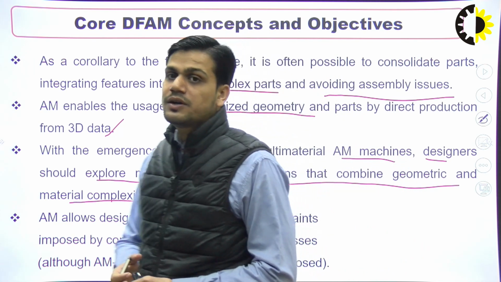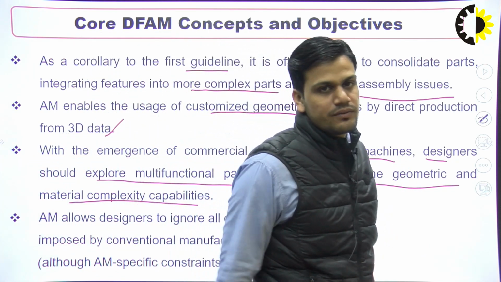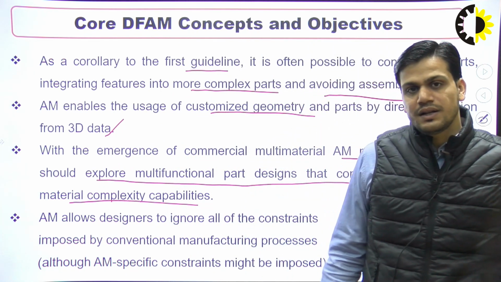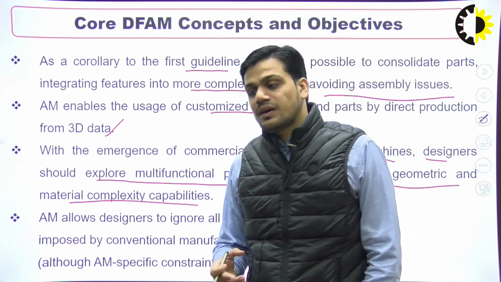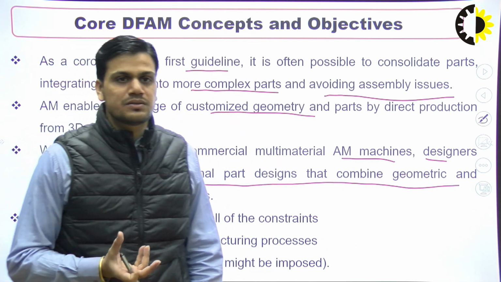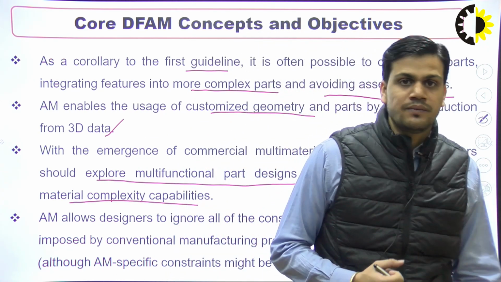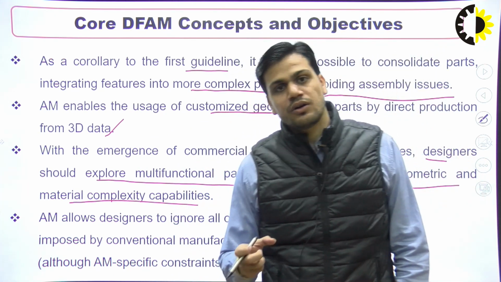To create any particular object, you require an assembly of different parts. But if these parts can be manufactured by one process, that can be done by additive manufacturing, and the functionality is also retained.